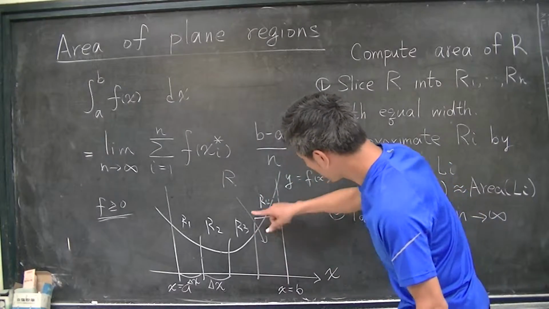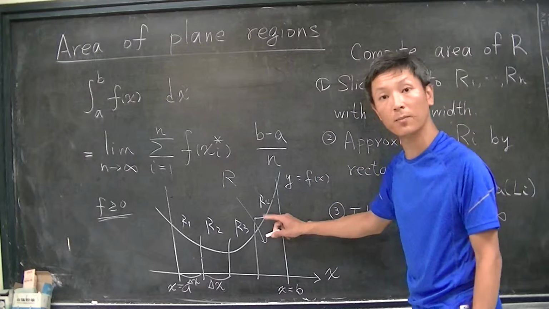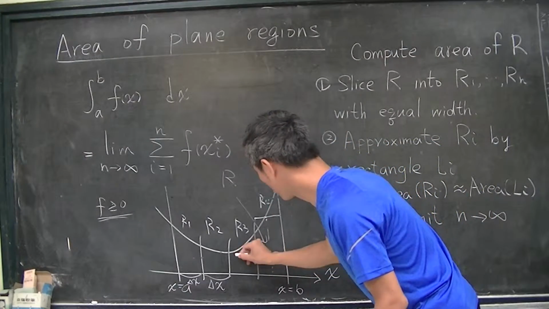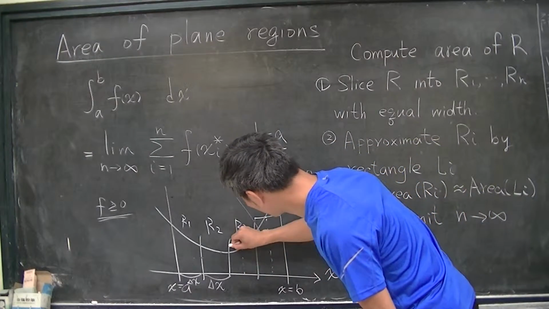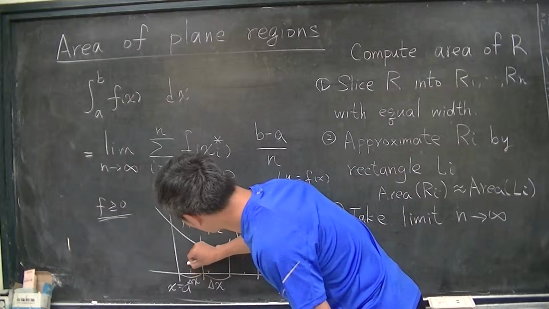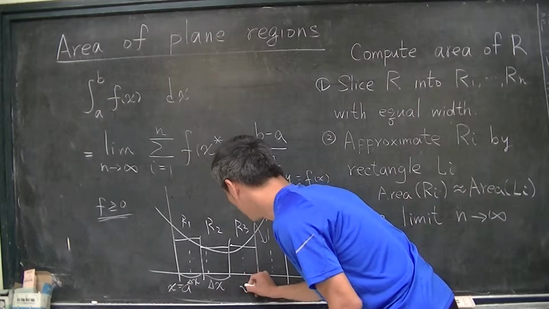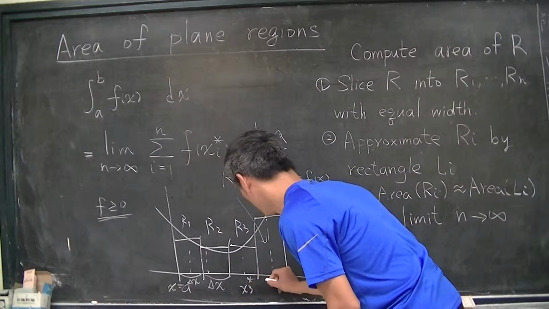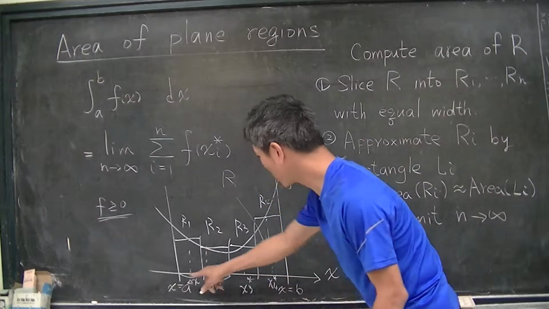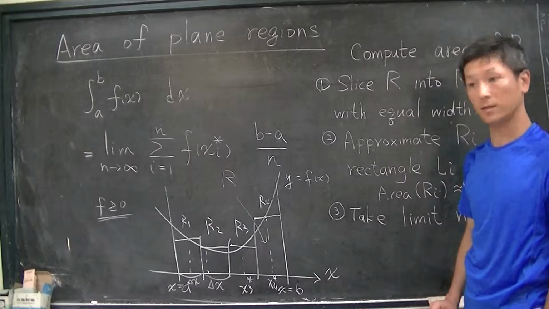Here, the height of a rectangle is given by the function value at some point. For example, I choose this point; we call them x1 star, x2 star, x3 star, and x4 star.